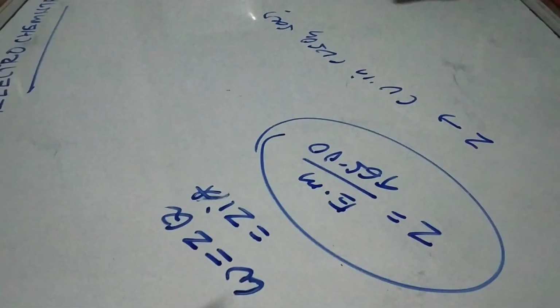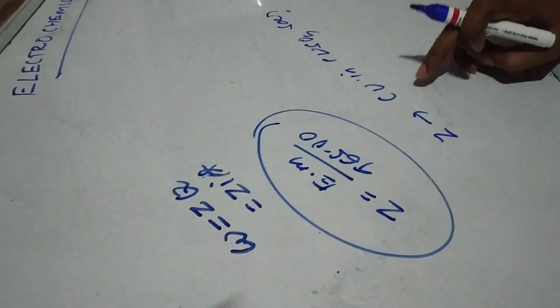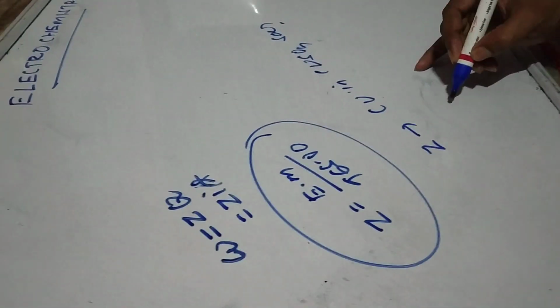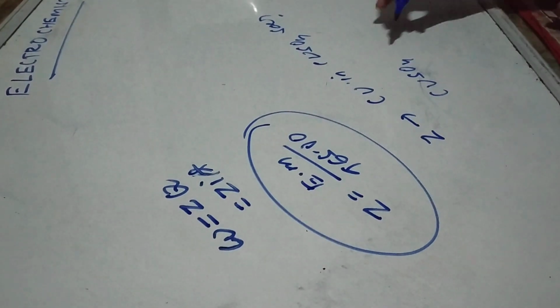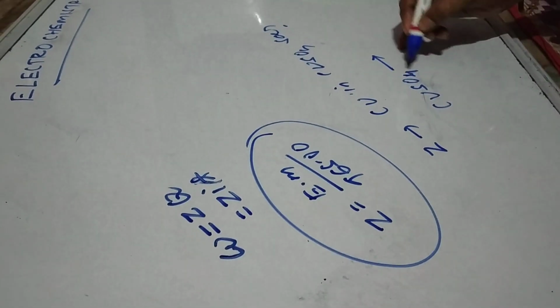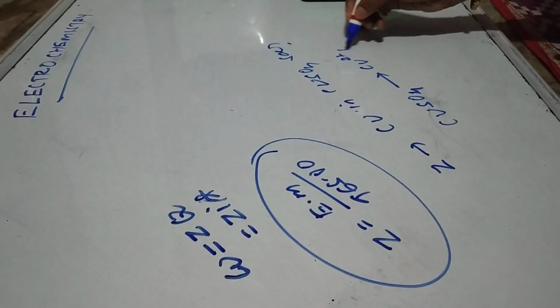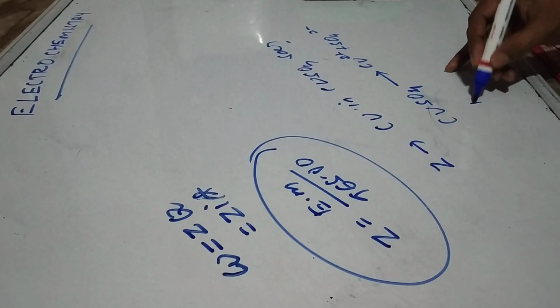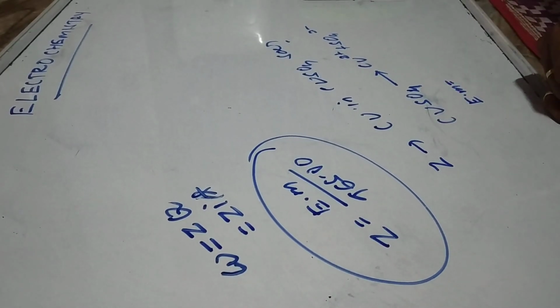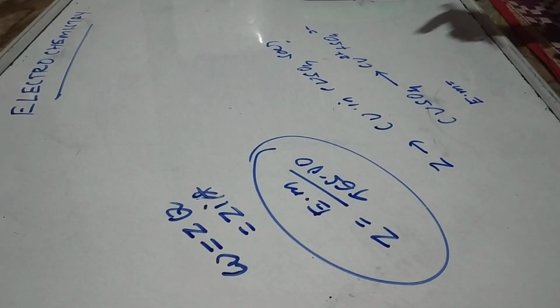So first of all I want to find out the equivalent mass of copper. In copper sulfate, if I ionize it by passing electricity, it gives Cu2+ and SO4 2-. So the equivalent mass of copper will be the atomic mass of copper by valency of copper.